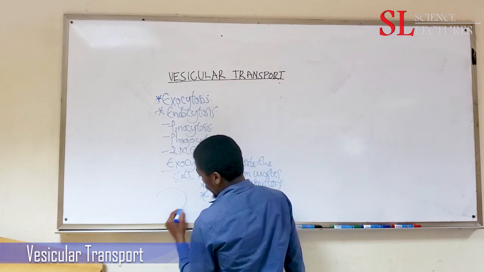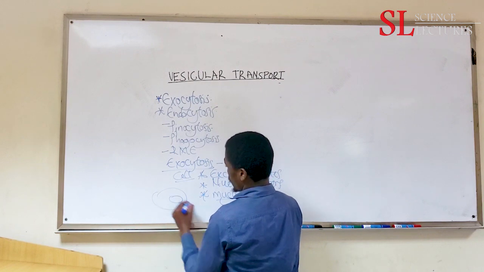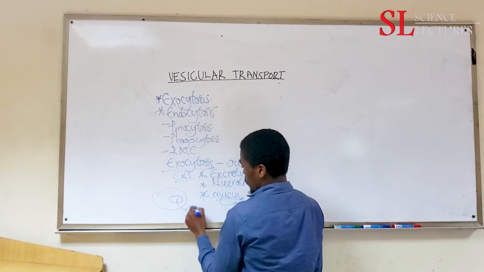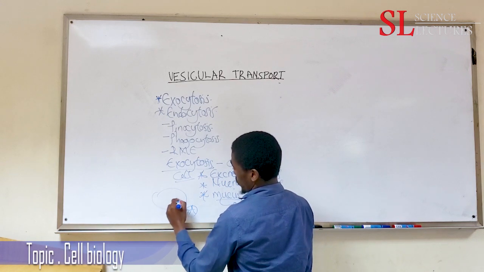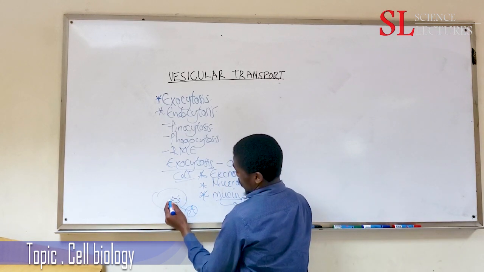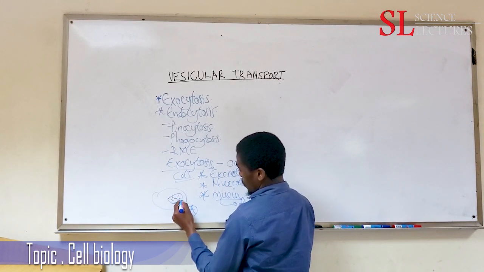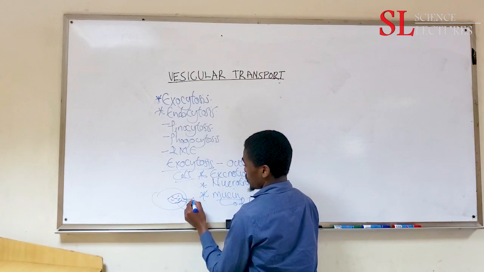So if this is our cell and exocytosis is to happen, let's say we are having our molecule A, and we want molecule A to move out of the cell. Let's say it is in a vesicle. The vesicle will come and attach onto the cell membrane and will exit the molecule.